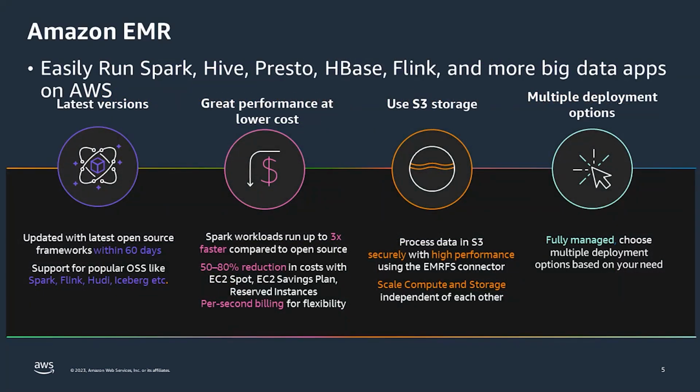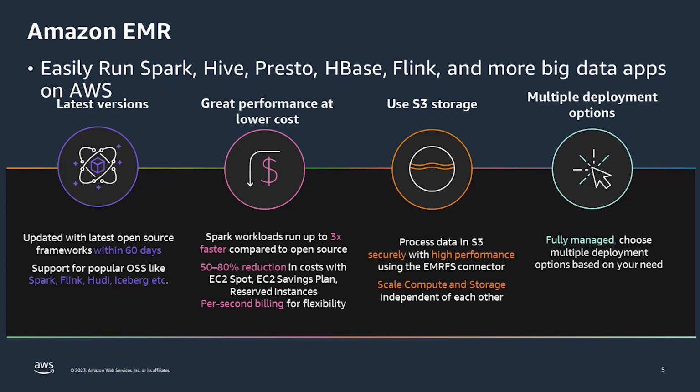Let's go to our next topic, which is Amazon EMR. Amazon EMR is also a very old Amazon ETL service, which can run Spark, Hive, Presto, HBase, and Flink. You don't have to maintain any servers there. It also offers a serverless option, and it can maintain the latest versions of your applications.